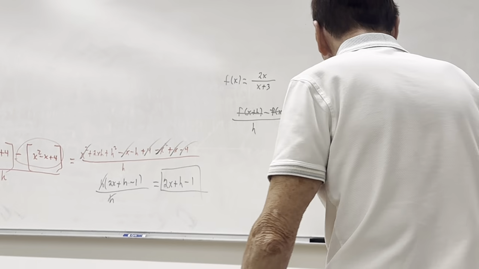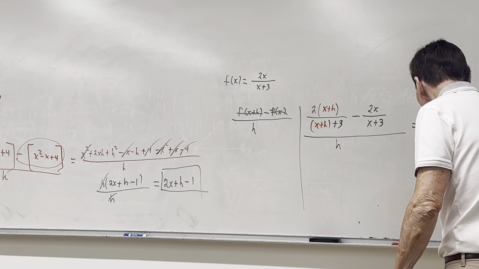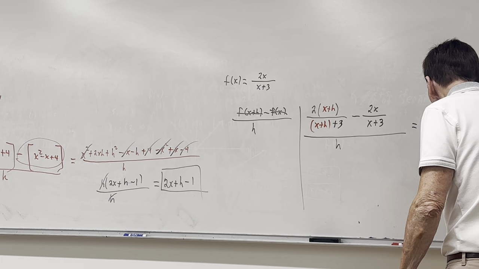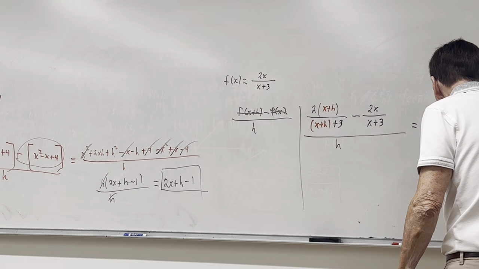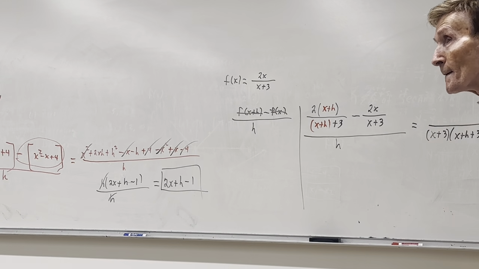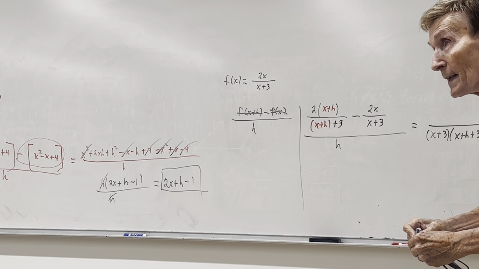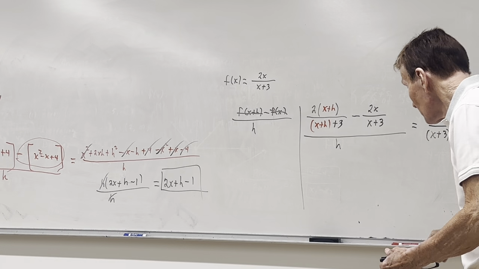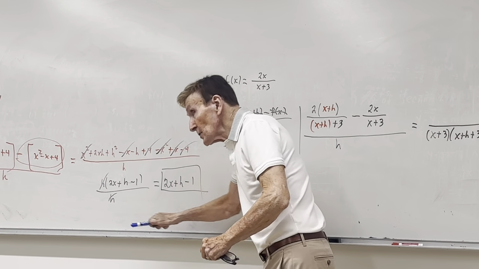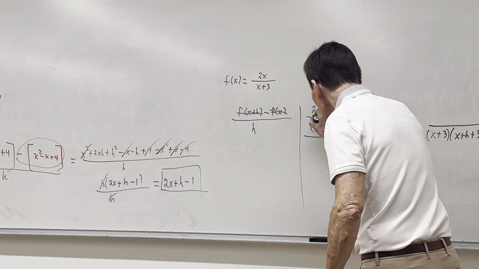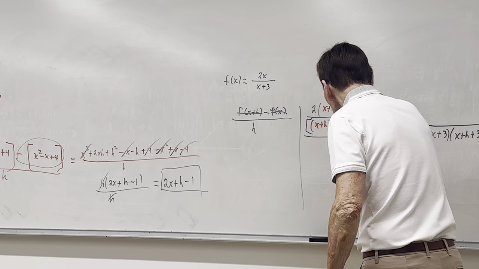I'm going to write mine in this order. This times this. That's your common denominator. And, hang on, I'm not going to finish it up. We can't finish it up. If that's my common denominator, you know this part is missing the x plus 3.